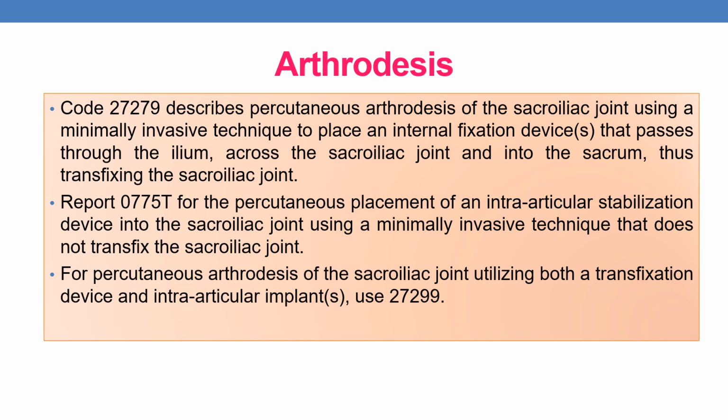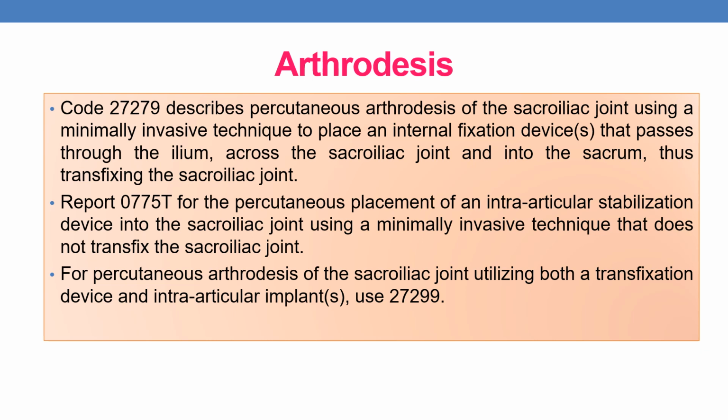This is a minimally invasive procedure. And report 0775T for the percutaneous placement of an intra-articular stabilization device into the sacroiliac joint using a minimally invasive technique that does not transfix the sacroiliac joint.